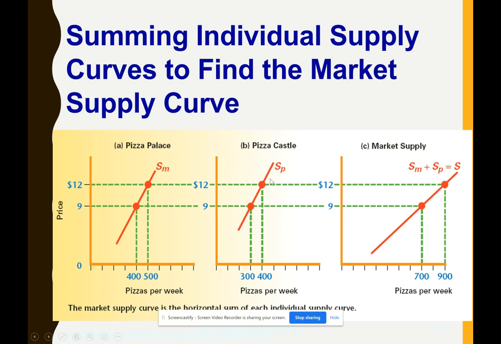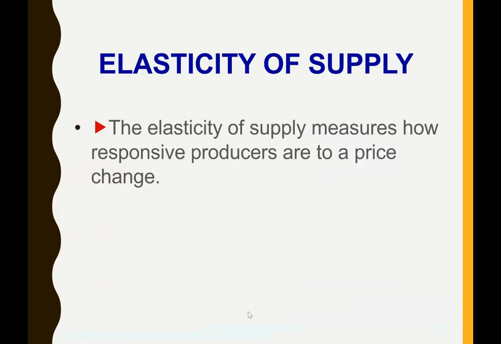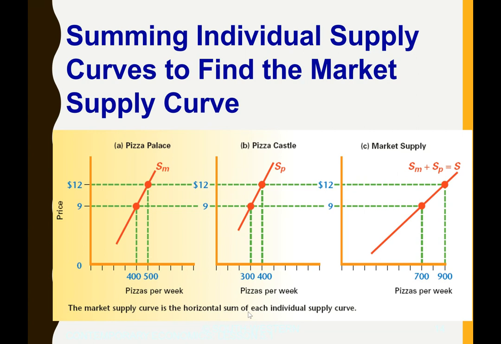Over here, we see the same kind of trend with the prices. So the market supply curve is the horizontal sum of each individual supply curve. Looking at that, you just add them up.